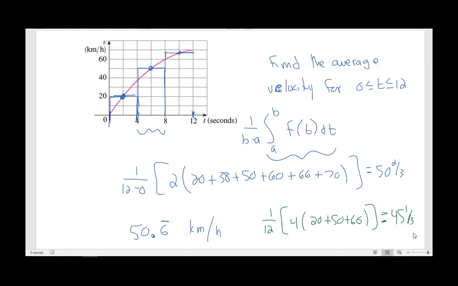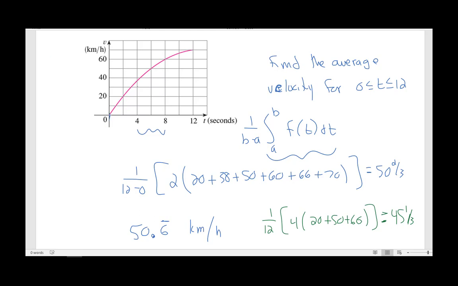So one last thing I want to mention is when we compare these two answers, we notice that with the right rectangles we get a slightly larger number, and with the midpoints we get a slightly smaller number. And keep in mind that if we were to do left endpoints, I'm going to come back and use my eraser here. If we were to use left endpoints based on the shape of this graph, we would end up with an underestimate as well.